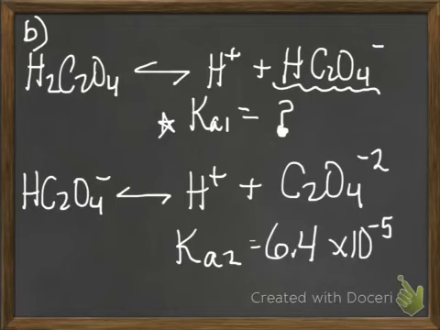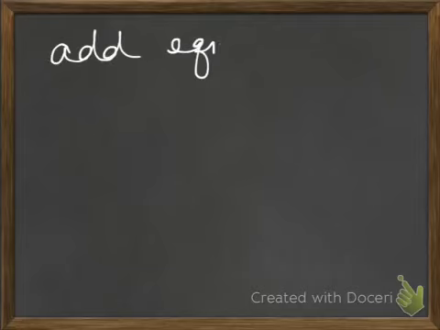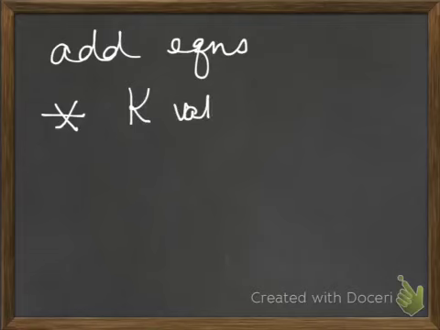We're looking for Ka1. What is the relationship between these two? That's the key thing that we need to remember. Let me remind you that if you add equations, you multiply the K values. Adding equations is like the multiple steps of the acid dissociation.